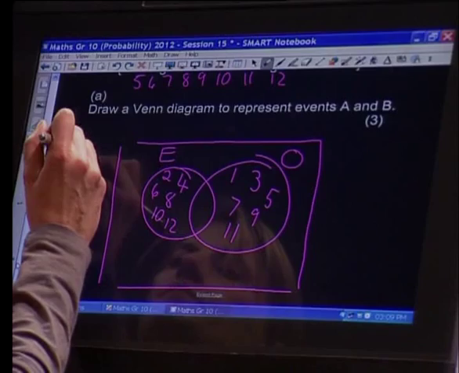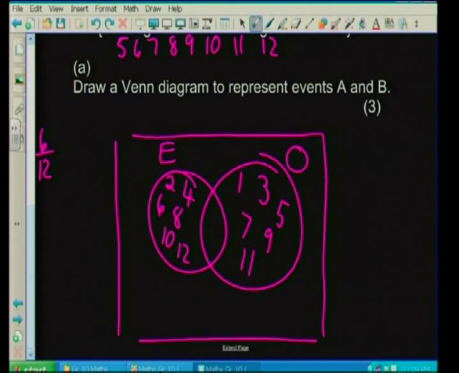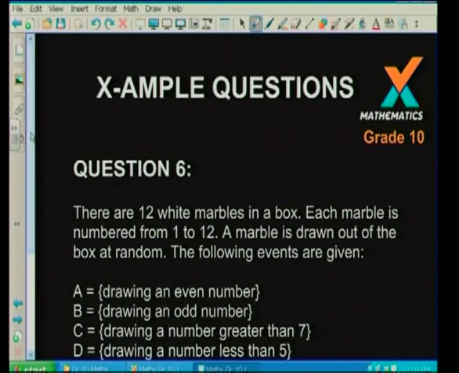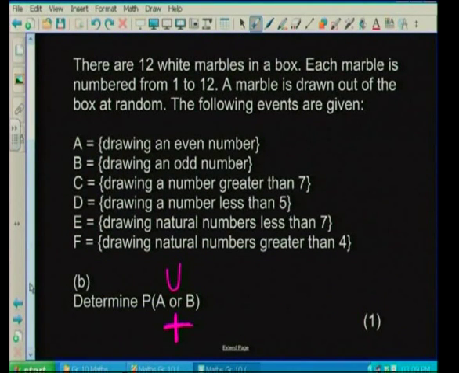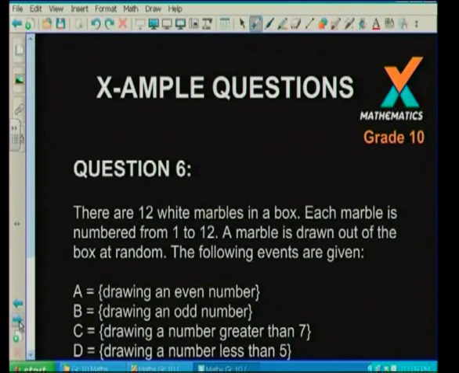So that would be 6 out of 12 plus 6 out of 12, which is 12 out of 12, which is 1. Let's just make sure. Yes, the probability of drawing A or B will be 1, definitely.